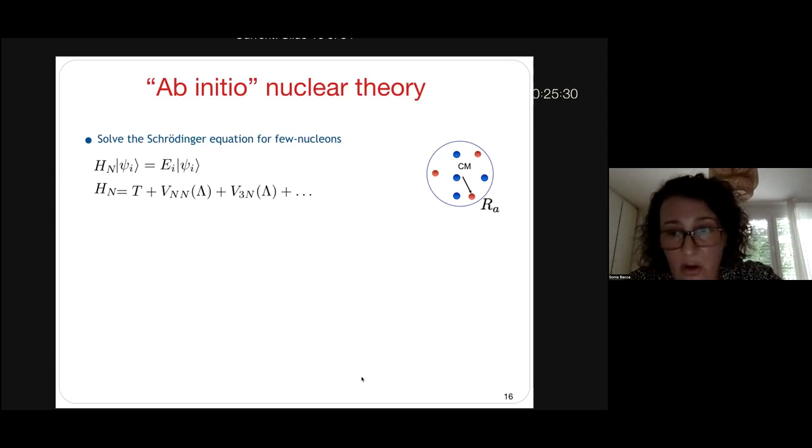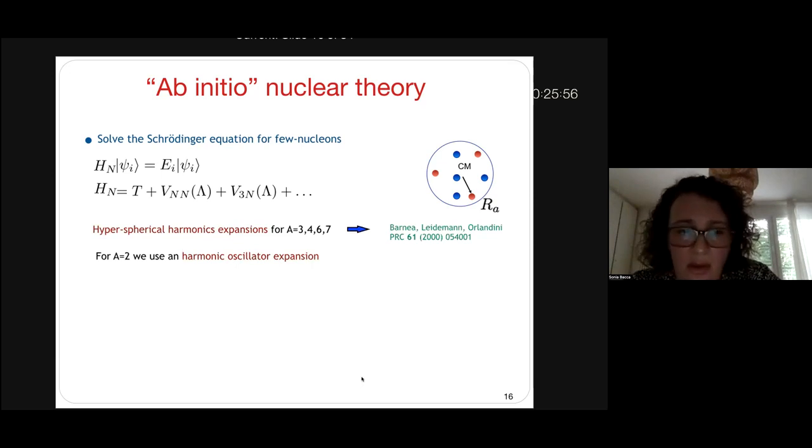Now we know how to relate this two-photon exchange to electromagnetic response functions and sum rules, etc. So we can use all our knowledge in nuclear physics to solve the dynamics of the nucleus around which the muon orbits, and we do that solving the Schrödinger equation in the so-called ab initio way, with Hamiltonians that have two- and three-body forces, etc. And we use very well-established few-body techniques, in particular the hyperspherical harmonics that work from particle number 3 up to 7.